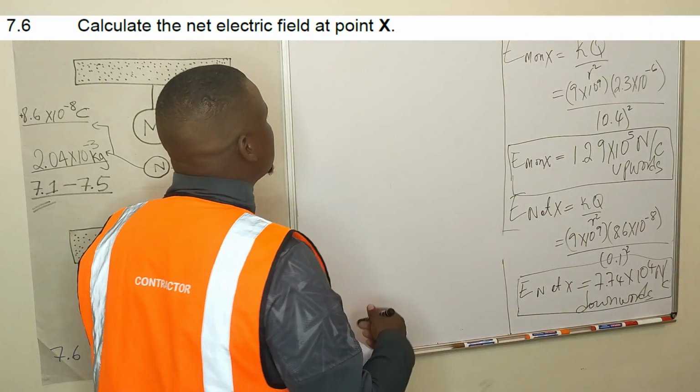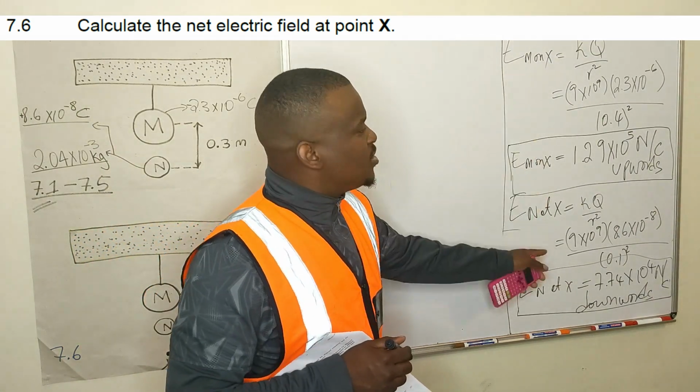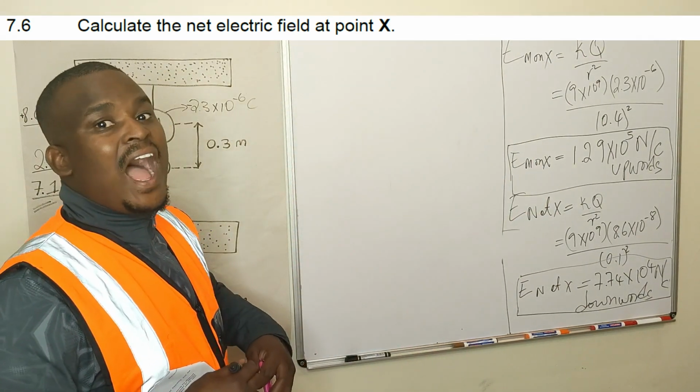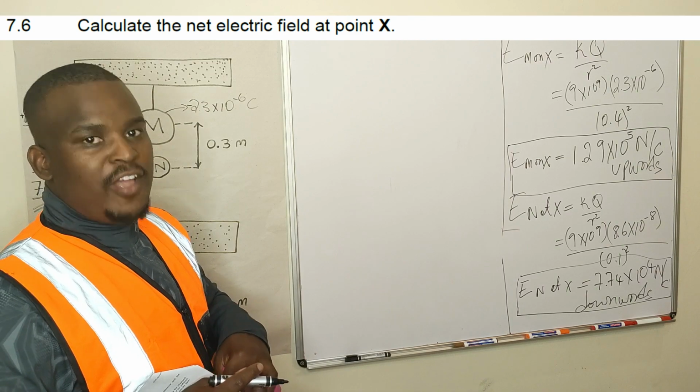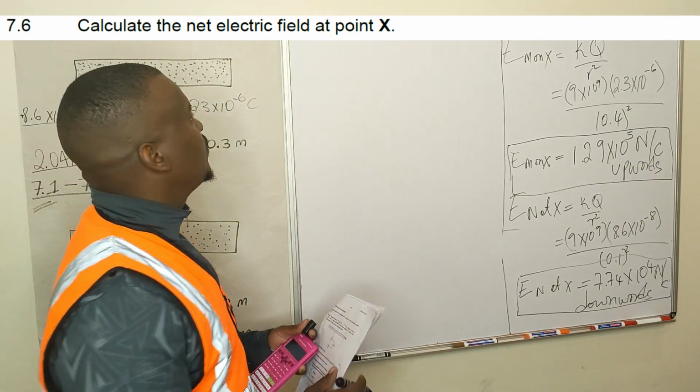To find the net electric field, we must add these two electric fields that are felt by X. Then you will find the resultant electric field.